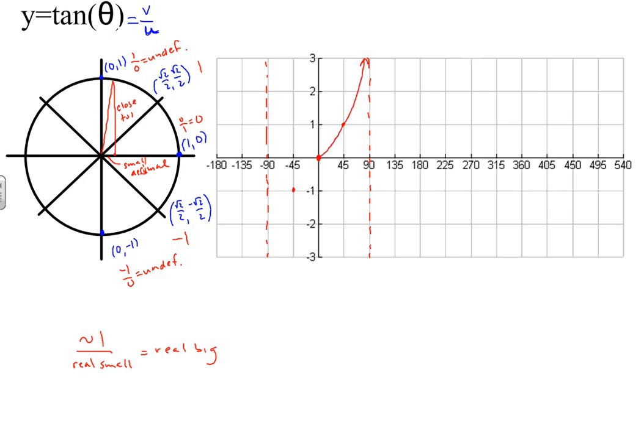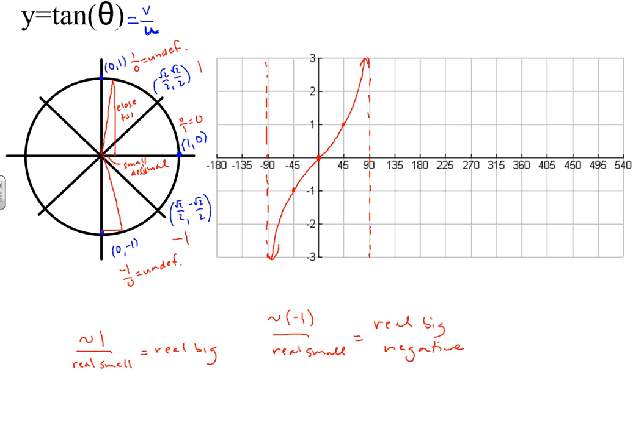If I go backwards towards negative 90 degrees, I get the same thing, except instead of something close to 1 divided by something really small, I'm going to get something close to negative 1 divided by something really small. So this is really big, but also negative. So as I go to negative 90, I get an asymptote going down.